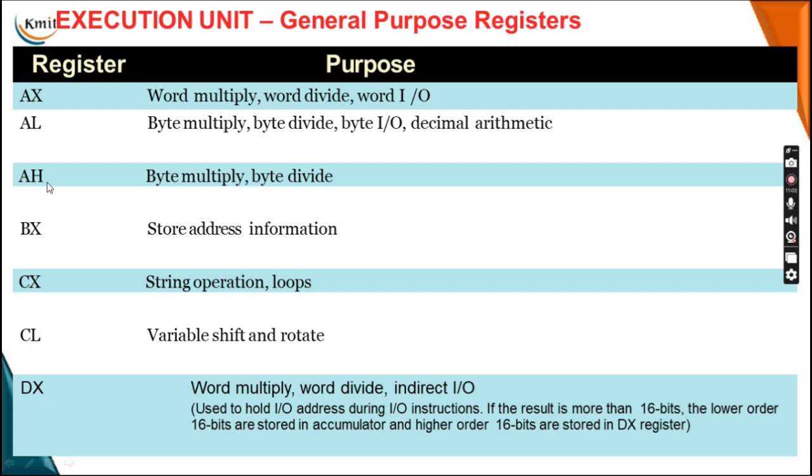Overview, it is able to perform IO operations, input or output operations, as well as store, and they can do string manipulations as well. Right? So this is the purpose of AX, the accumulator general purpose register.